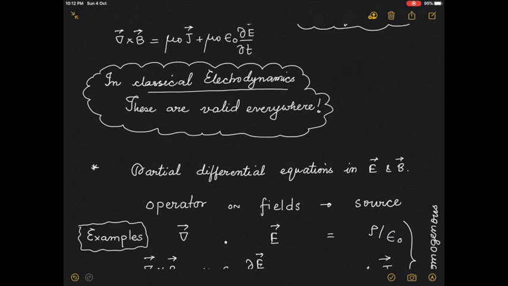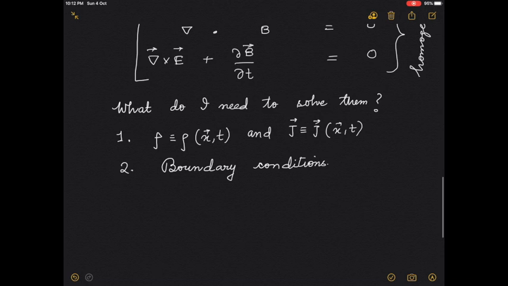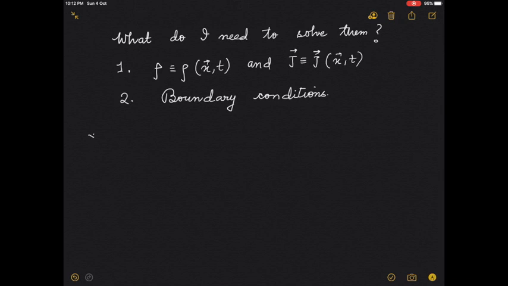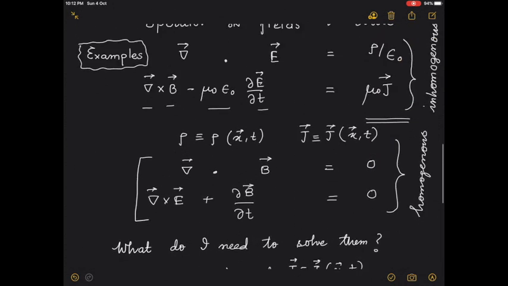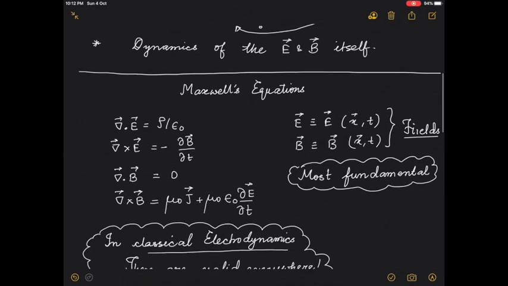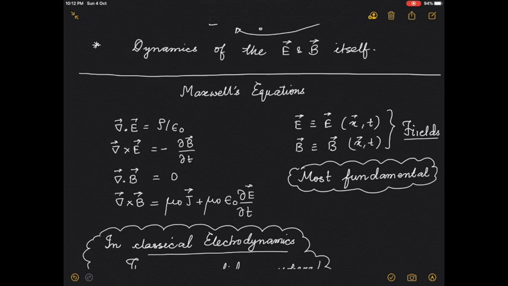Right? Now, it is not only that they are partial differential equations; the second most important point for classical electrodynamics is that they are linear partial differential equations. And they are linear in E and B. So what do I mean by that? If you look at these equations, the 4 vector equations, there is no E square or B square or E cube or B cube term over there.